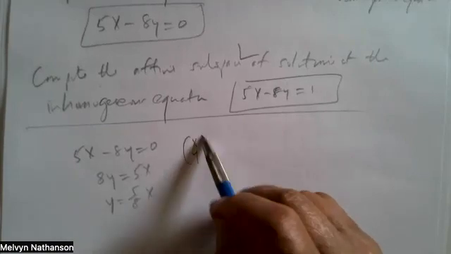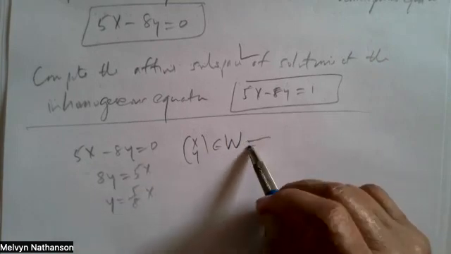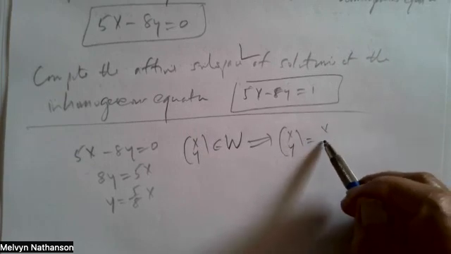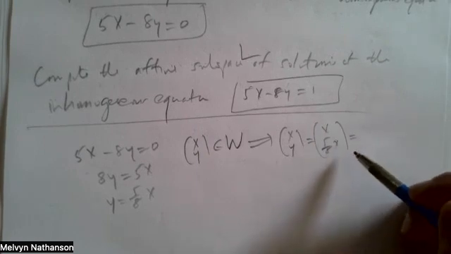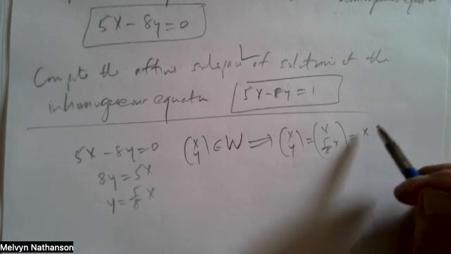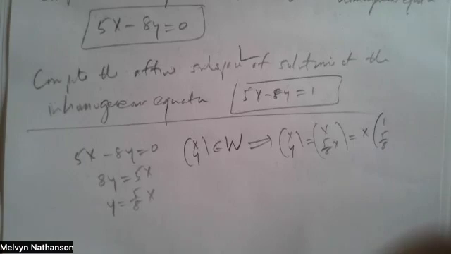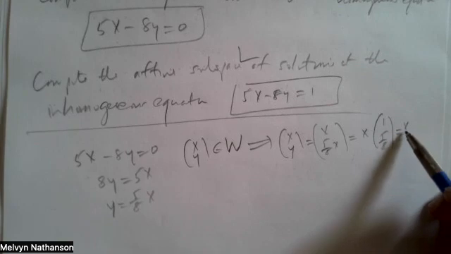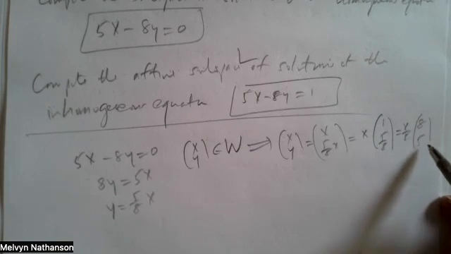So if (x, y) is in W, the solution space of the homogeneous equation, then x is x and y has to be 5/8 of x, which I can write as x times the vector (1, 5/8). Or I could write this as x over 8 times the vector (8, 5). If I do scalar multiplication, this is what I get.